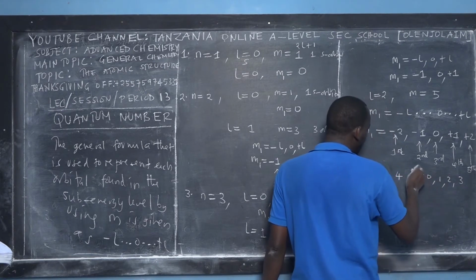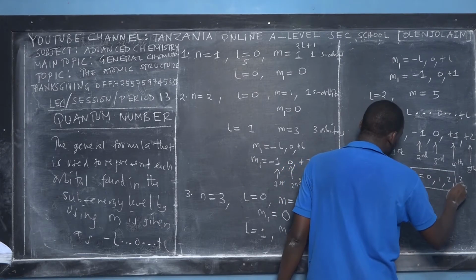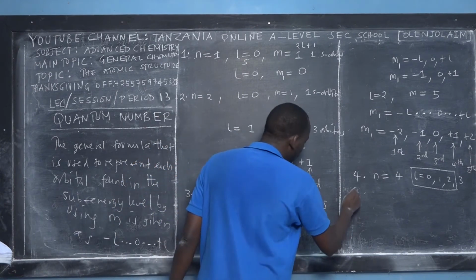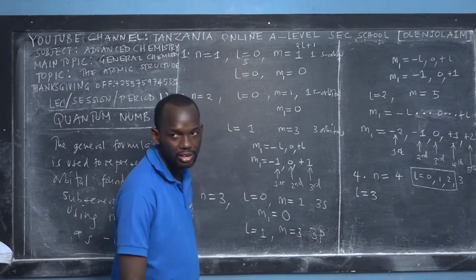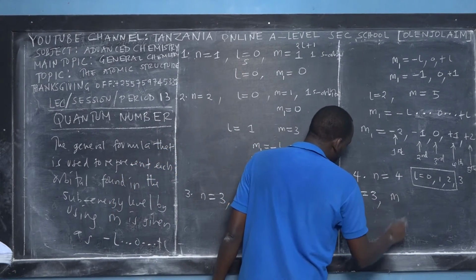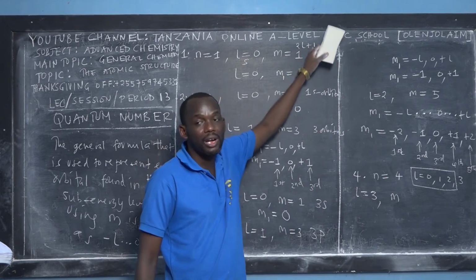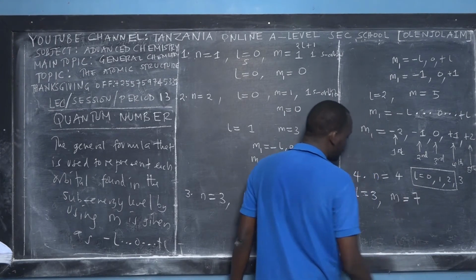I would like to leave l from 0 to 2 as your homework, because I've told you. I would like to deal with l equal to positive 3. So when l is equal to positive 3, its total number of orbitals will be 3 times 2 plus 1. I told you, and we have already discussed it, and you've understood that it's equal to 7.